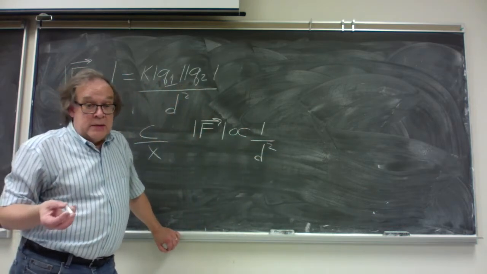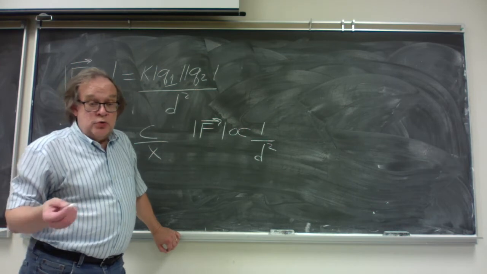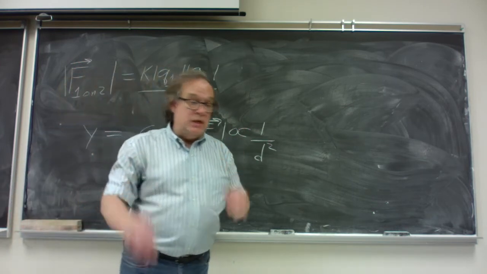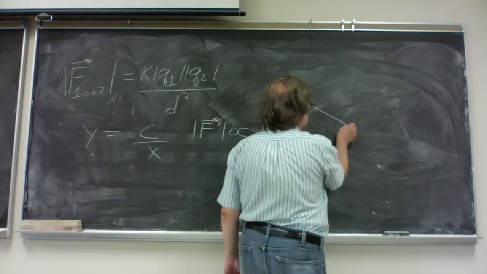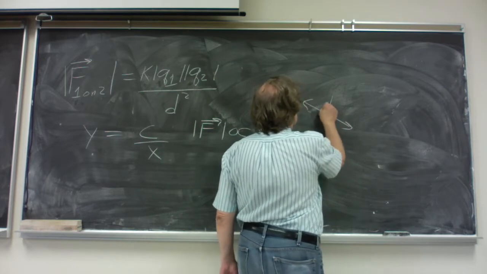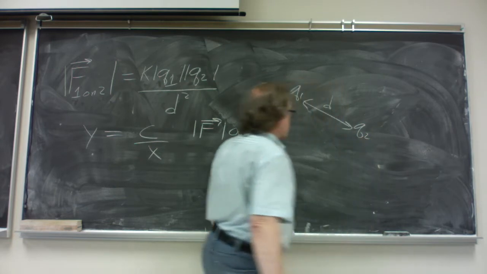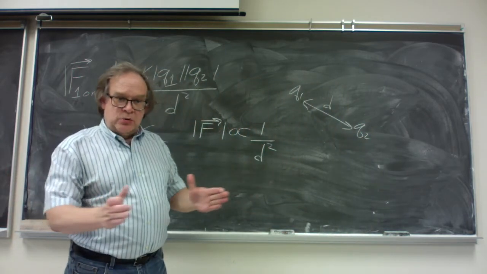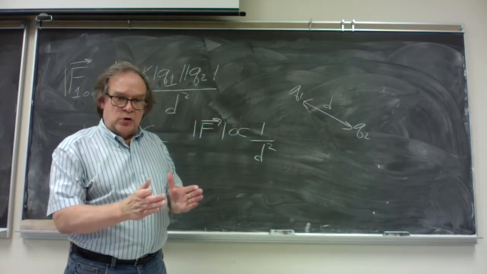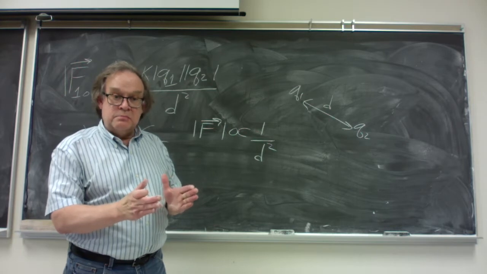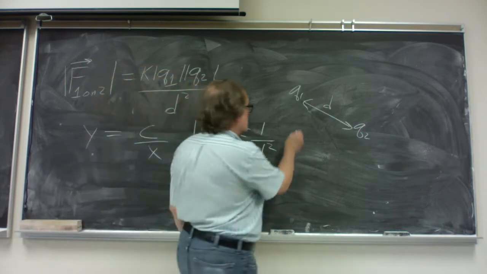So for example, let's say two things are separated by d meters. And then you squeeze them closer together so that now they're only half as far apart, d over 2 meters apart.